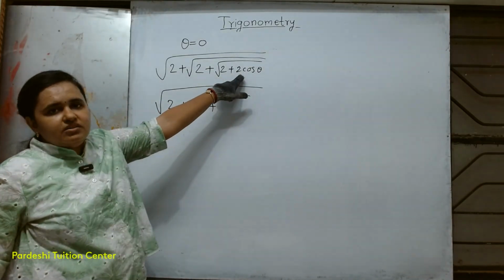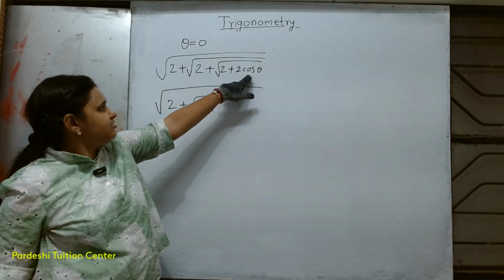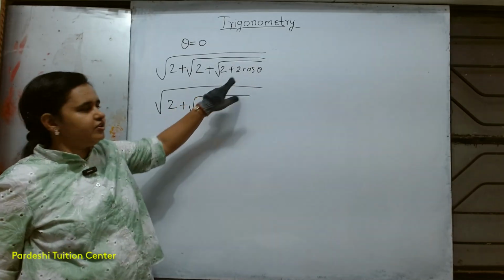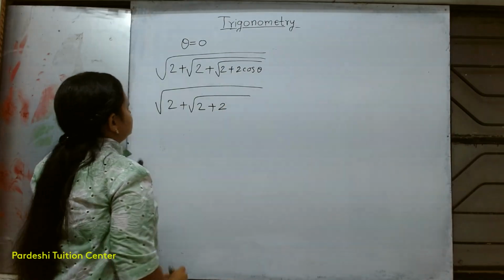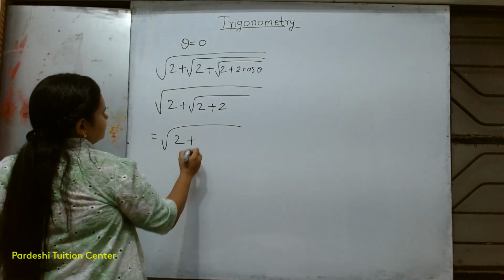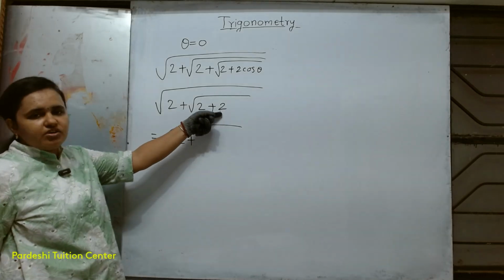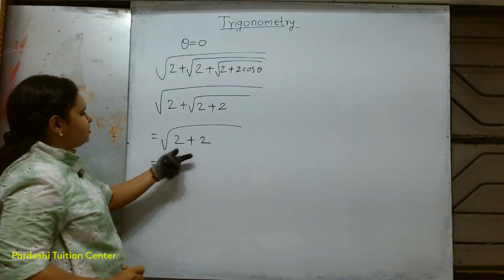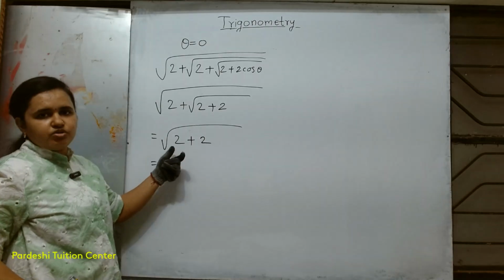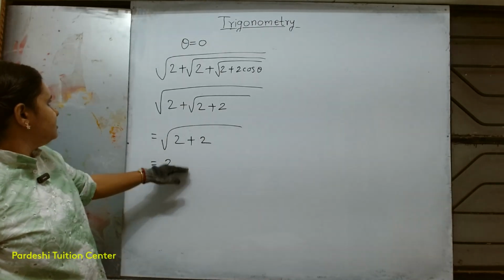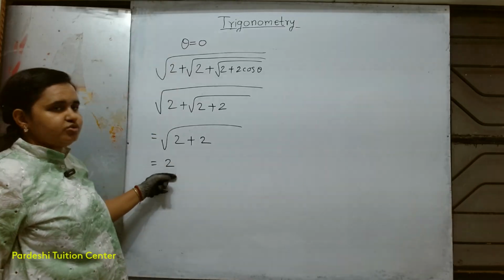Cos 0 is 1, 2 multiplied by 1 is 2, 2 plus 2 is 4, and taking the square root of 4 it will be 2. Then 2 plus 2 is 4, square root of 4 is 2. Again 2 plus 2 is 4, square root of 4 is 2. So from the question, if I take theta as 0, the answer is 2.